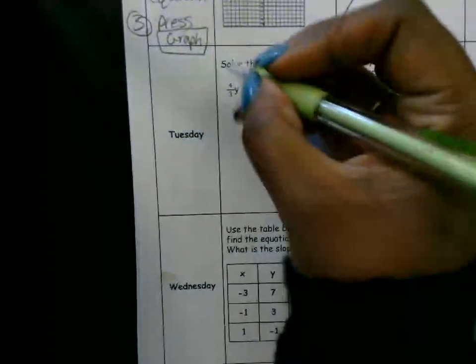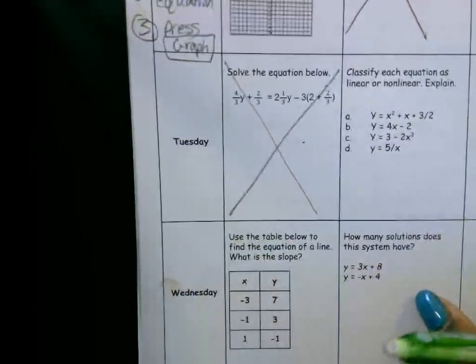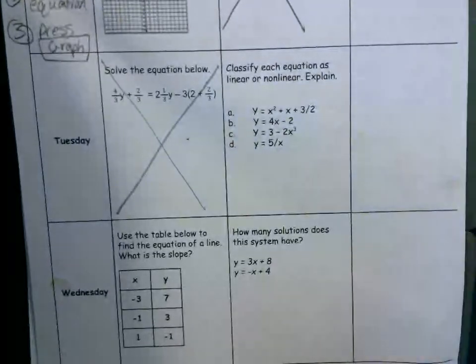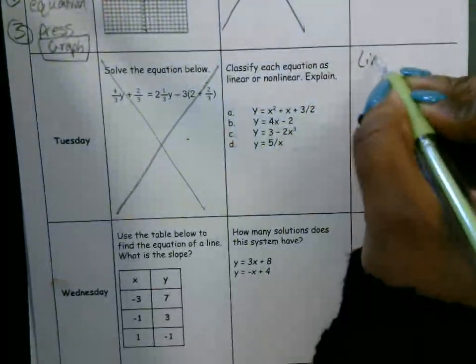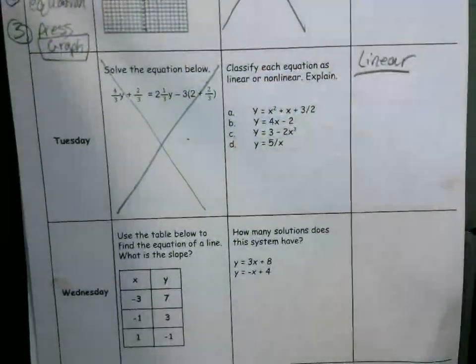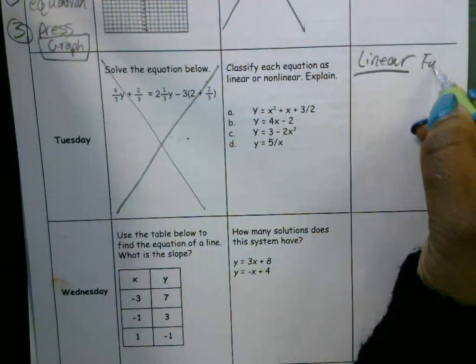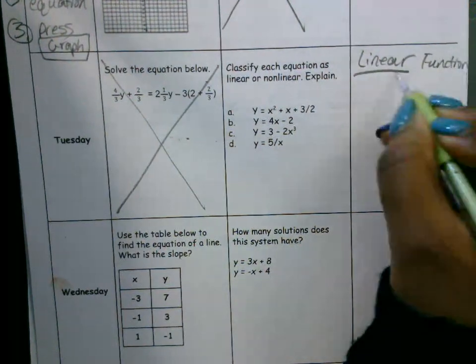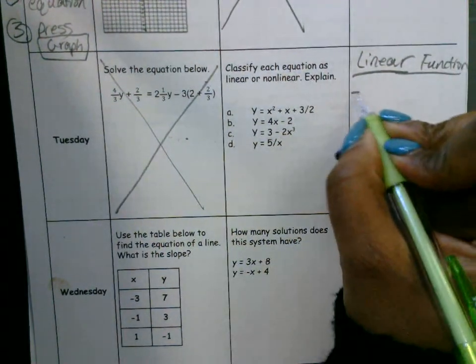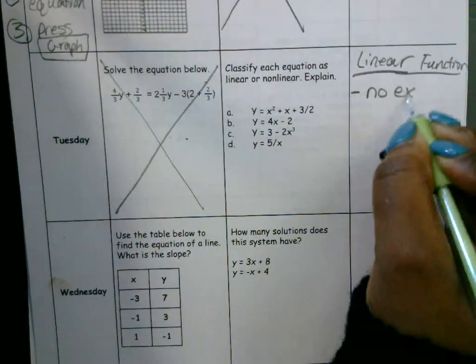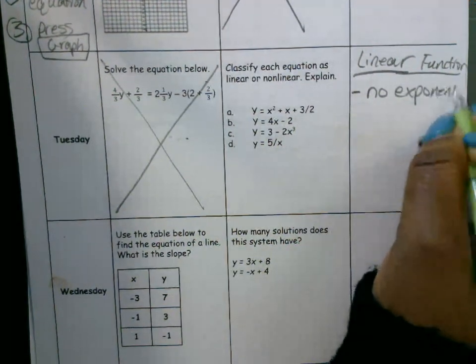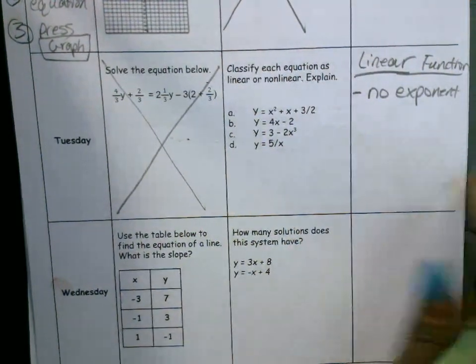We're going to do the second problem, linear, nonlinear. Remember, there are characteristics to a linear function. We're going to write those out to the side. We've written these before. With a linear function or a linear equation, no exponents. So if you see exponents, the equation is not going to graph a straight line.